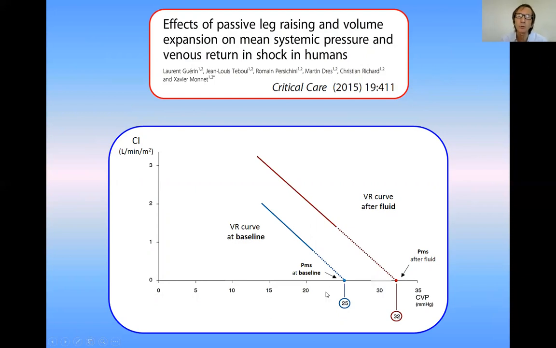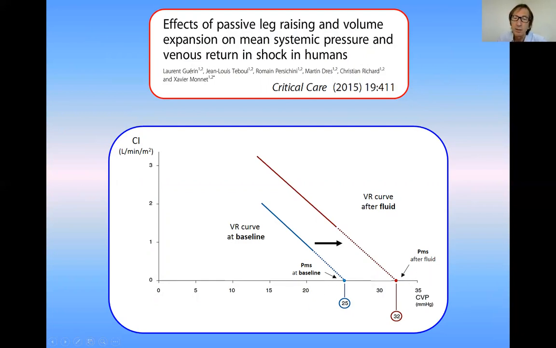And it was possible to extrapolate this venous return curve at zero flow and to obtain an estimate of the mean systemic pressure. We did this at baseline before fluid administration and after fluid administration.